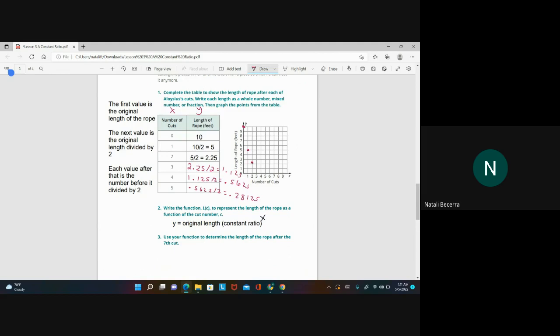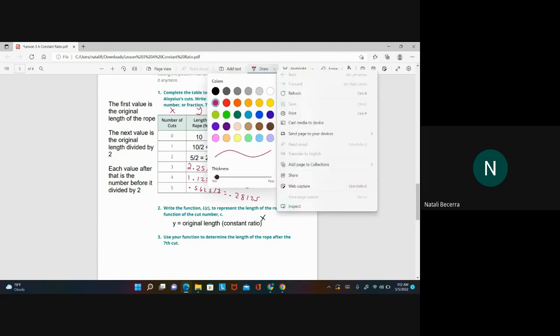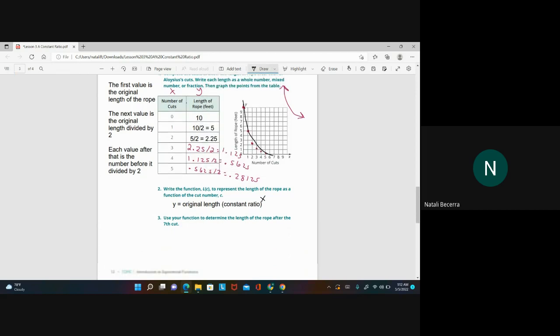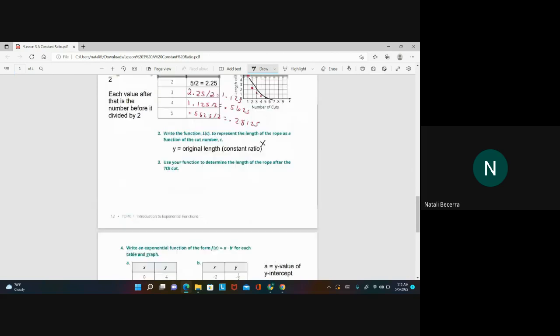And then at 3, it was at 1.25. 4, it was at like half. And then 5, it was even smaller than that. So you can see right here, this is what an exponential function looks like, right? It has that form. If I were to connect these points, that's an exponential function, right? All right, so I just wanted to point that out real quick.